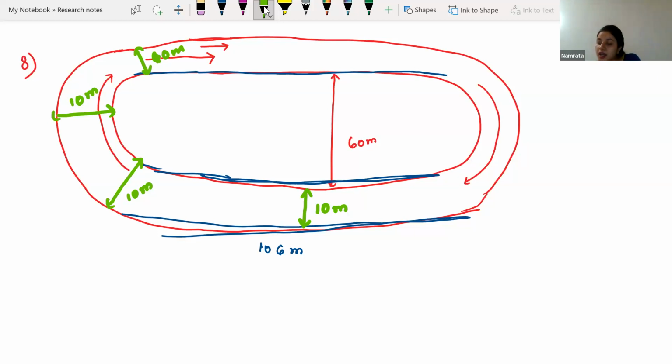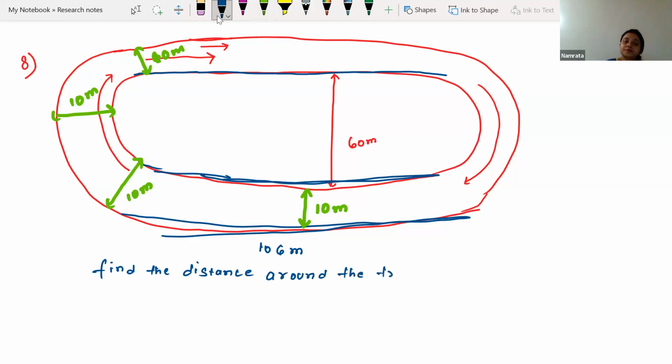Find the distance around the track along the inner edge. Let me write whatever is asked in the question. So it says find the distance around the track along its inner edge.